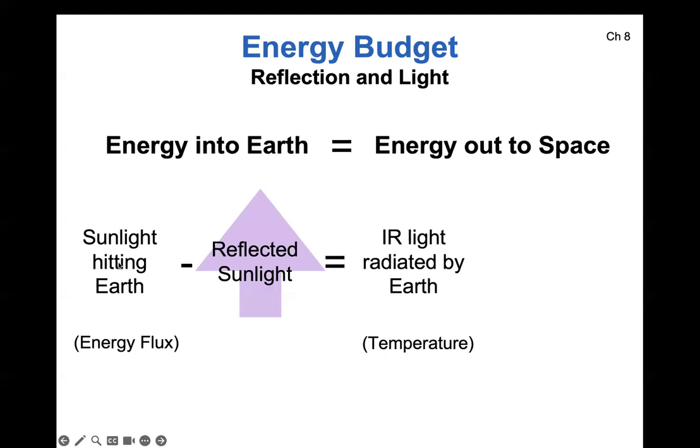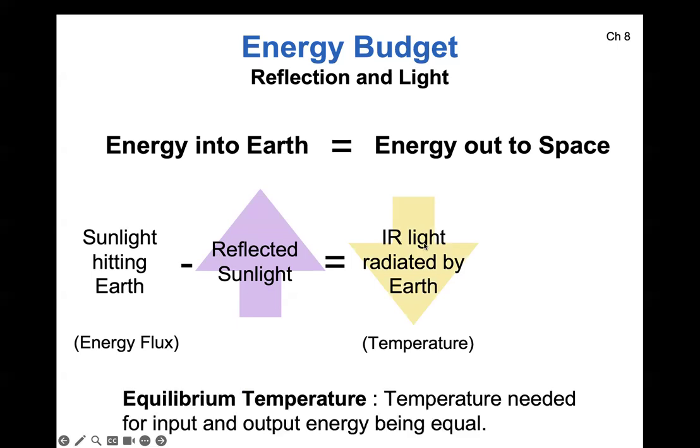We put it on the left-hand side of the equation, but put a negative on it, okay? Because it happened before the absorption. So kind of if you think of this as just order of occurrences. And so because of that, because if we have this one going up, we don't need as much infrared light getting radiated in order to maintain the budget.